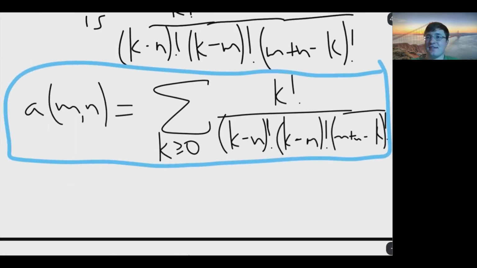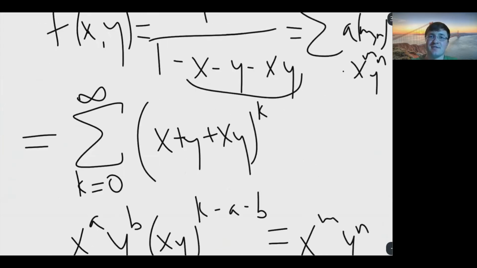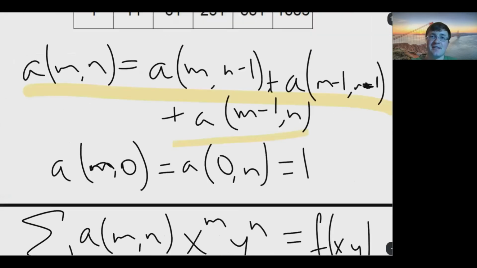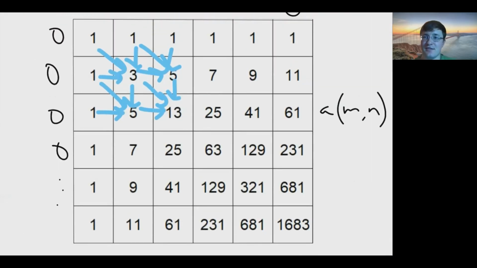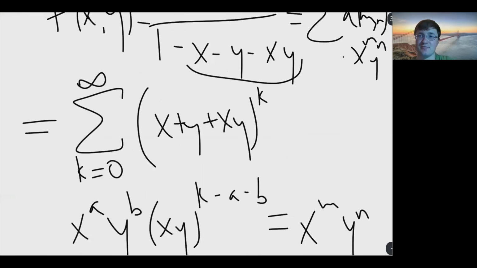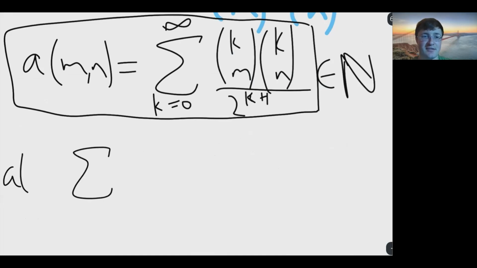And so you could get weird identities, like for example, way back at the beginning, we had A55, which is 1683. So if we go back down, we can plug that in and get a weird identity for free. So we get A55 equals the sum over all k.